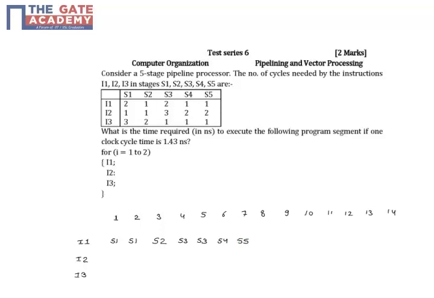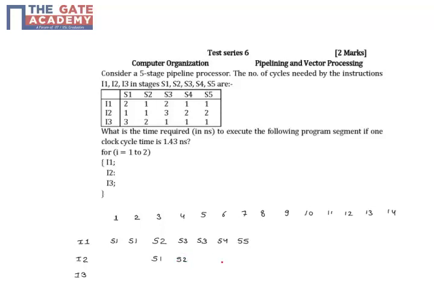Now I2 cannot start up to 2 clock cycles, because up to 2 clock cycles I1 was executing in S1. So I2 will start from clock cycle number 3. It will take 1 clock cycle for S1, 1 for S2, and then 3 for S3.